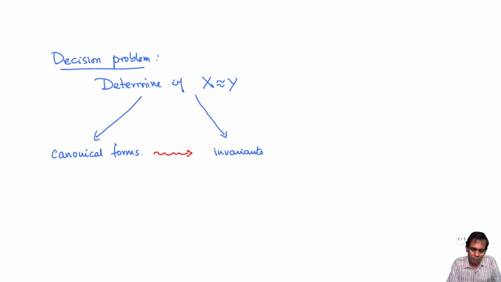Let's begin with a very simple example. Let's just take the case where R is equal to F, a field.